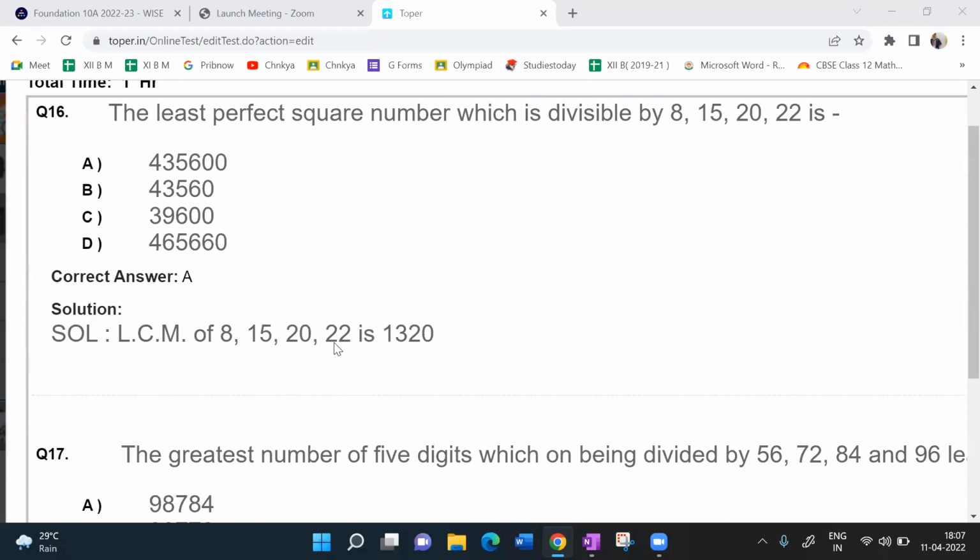So the least perfect square we need, among the numbers given to you, is 435600. If you don't understand, listen, guys, if anyone doesn't understand, I'll teach you. Please tell me.